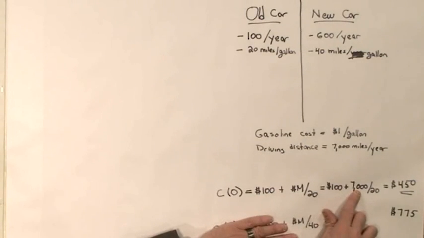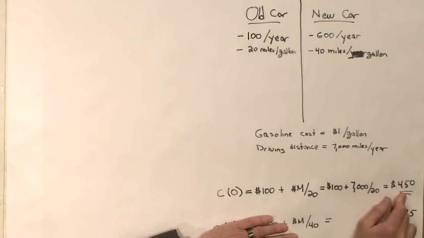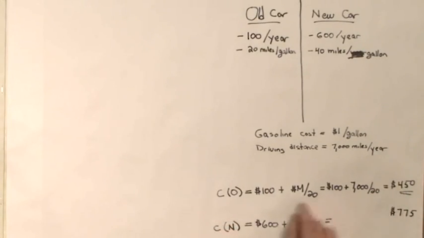You drive 7,000 miles, and each gallon costs you $1. So in total, in a year, you will spend $450 on this car. For the new car, you actually spend a little more because the cost up front is quite high, even though it gives you more miles per gallon. So in the end, you spend $775.